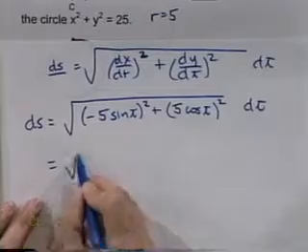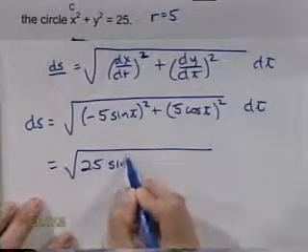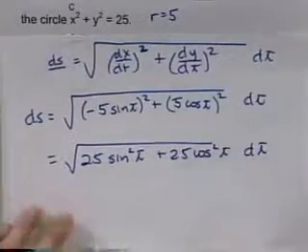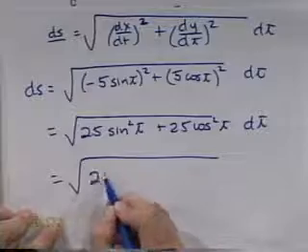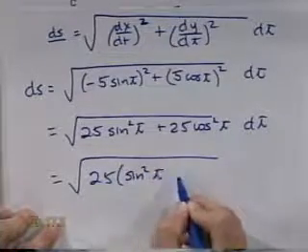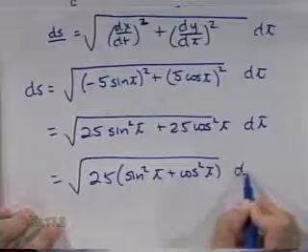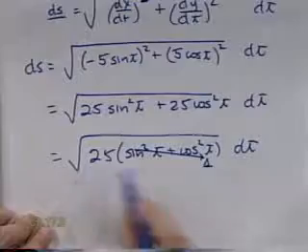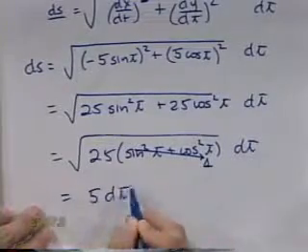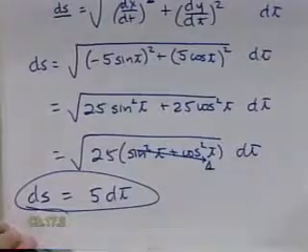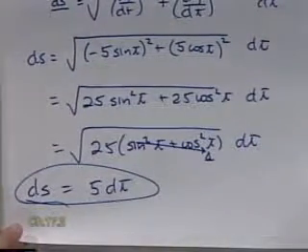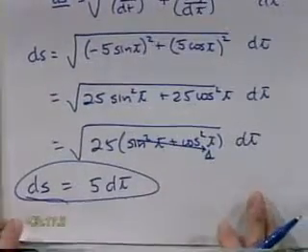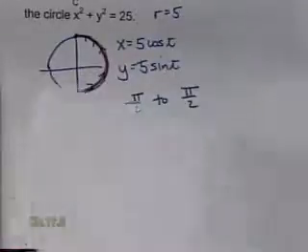So my ds here is the square root of 25 sine squared t plus 25 cosine squared t, dt, which I think we could factor out a 25 under the radical. And sine squared plus cosine squared is 1. So this is the square root of 25, which is 5. So we have just evaluated that ds can be replaced with 5 dt. It doesn't always get replaced with a nice simple number like this, but with circles a lot of times that's what happens.